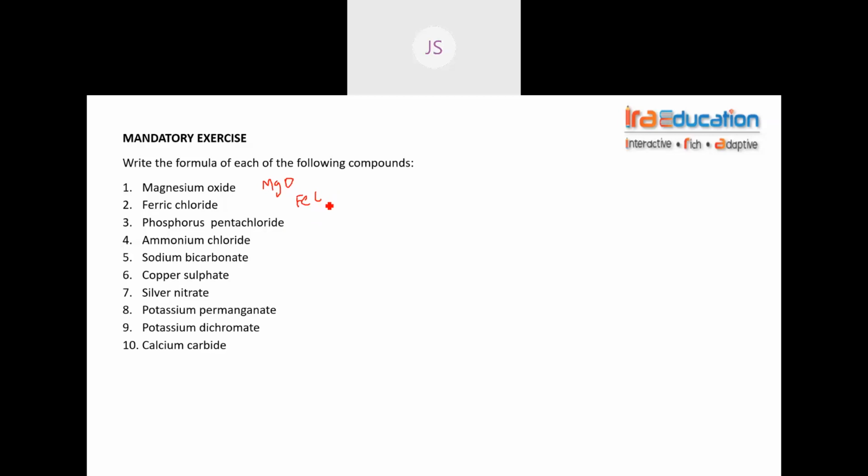Find for phosphorus. Phosphorus pentachloride, PCl5. There is no metal here. Find the oxidation number for phosphorus in this case. In ammonium chloride also there is no metal. Ammonium chloride is NH4Cl. Find the oxidation number of N.